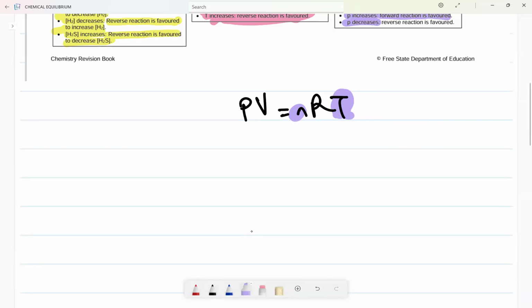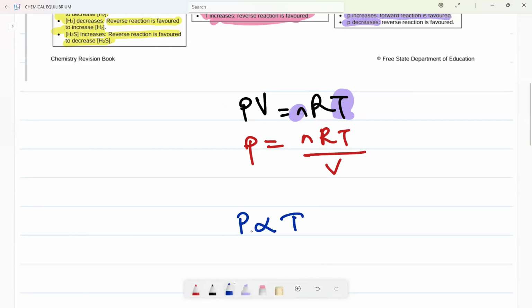If I want pressure, I'll say pressure is equal to nRT divided by V. Pressure is directly proportional to T, temperature, and n, number of moles. R is just a constant, but pressure is inversely proportional to what?